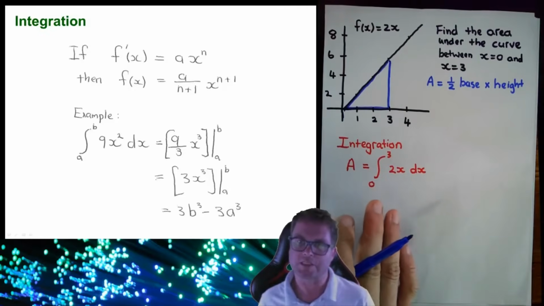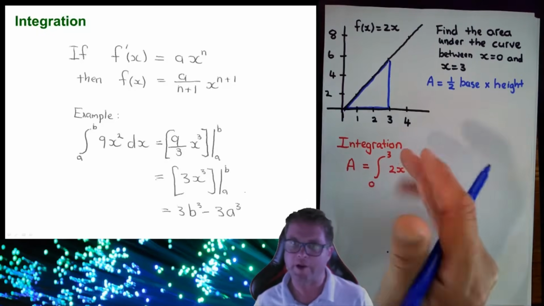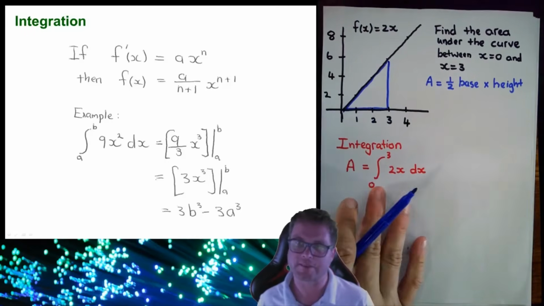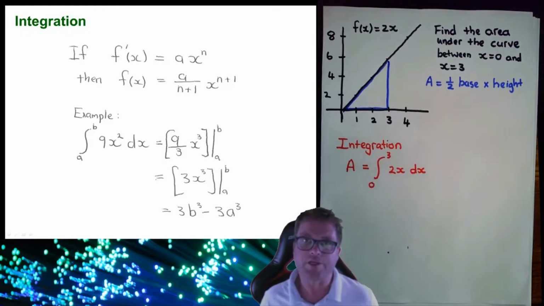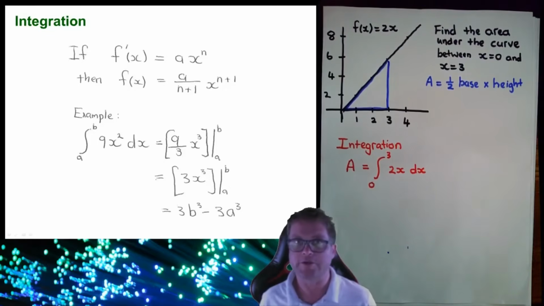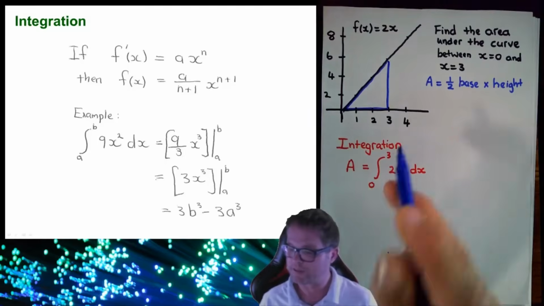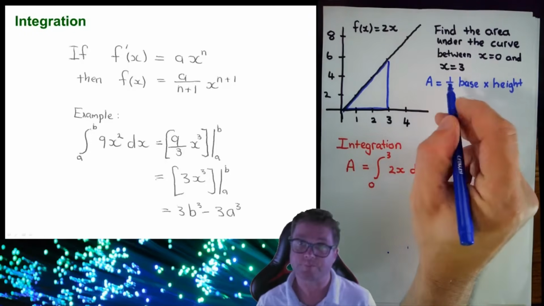So the question is, find the area of this triangle, the area under the curve between x equals 0 and x equals 3. What we're going to do is use first the conventional way to find the area of a triangle, and secondly we're going to use the integration method. Then we're going to compare the two answers, and hopefully we'll see the answers will be the same, to show that our integration method works well.